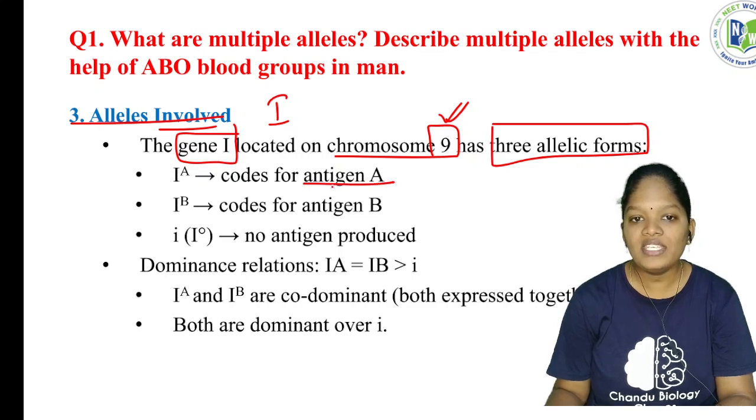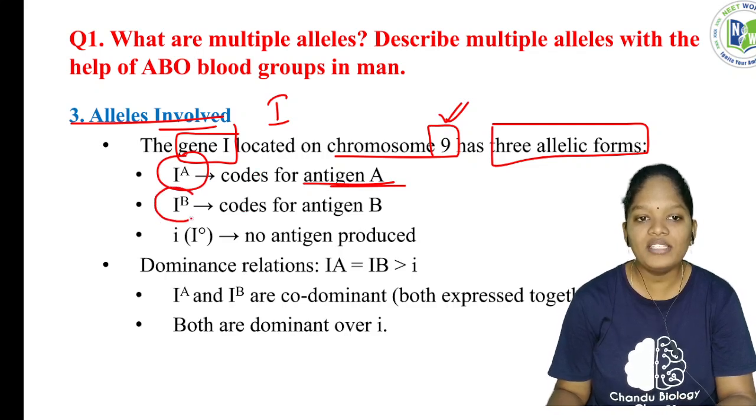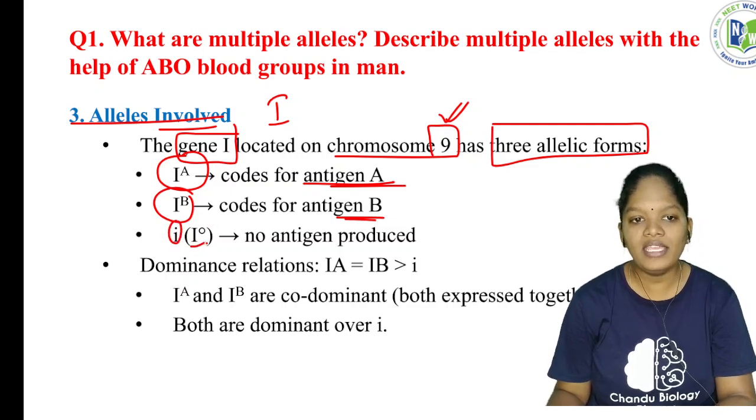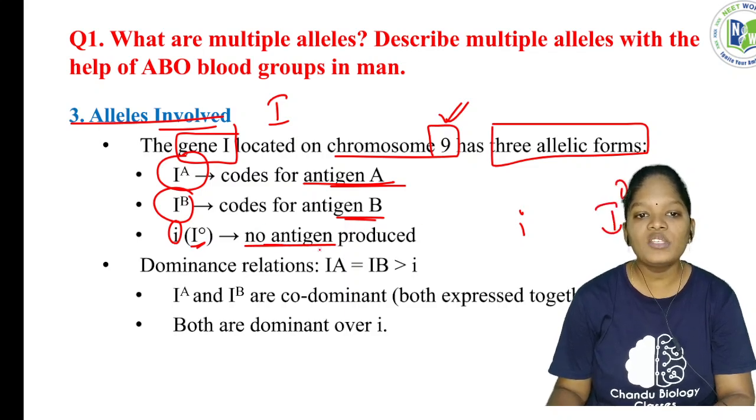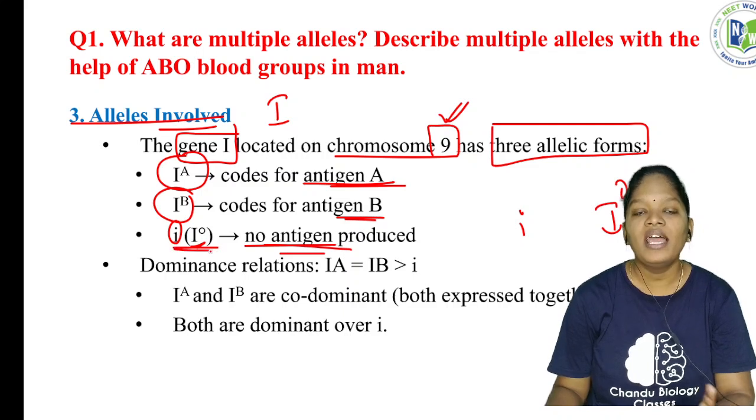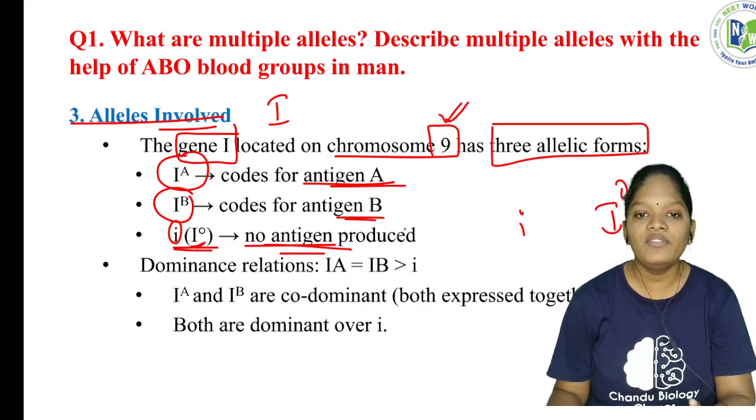For the antigen A, the gene will be IA. IB is responsible for coding the antigen B. Then small i, or IO, both are the same. No antigens are produced for this particular gene, which is why we say this i or IO is the recessive form.